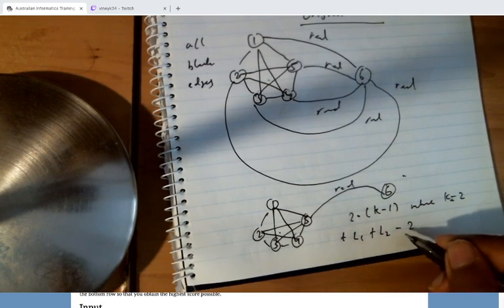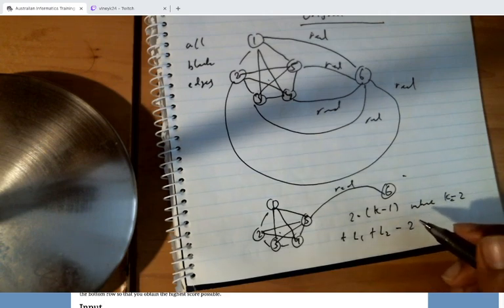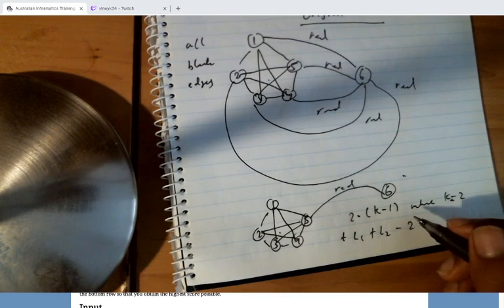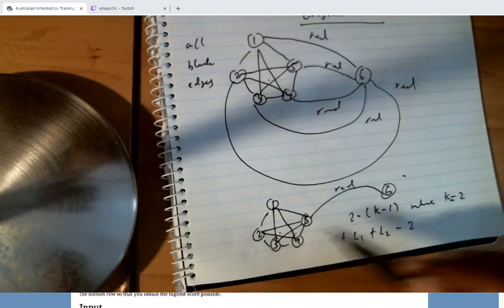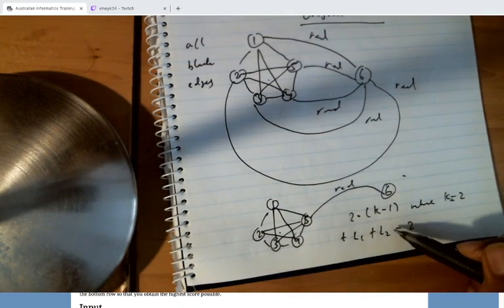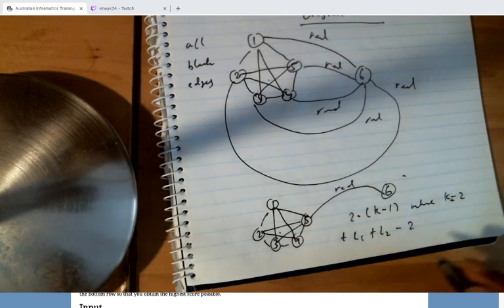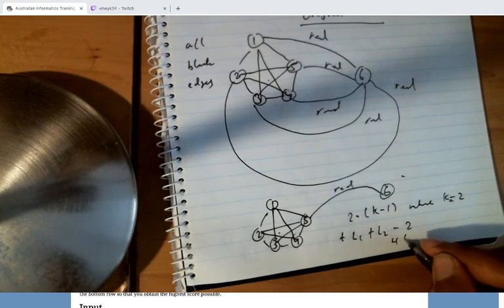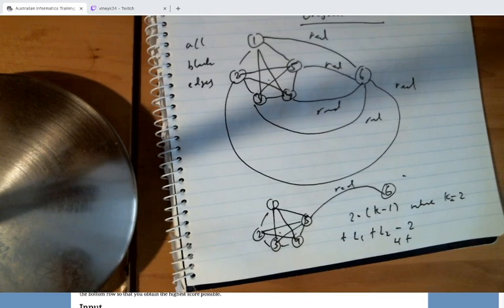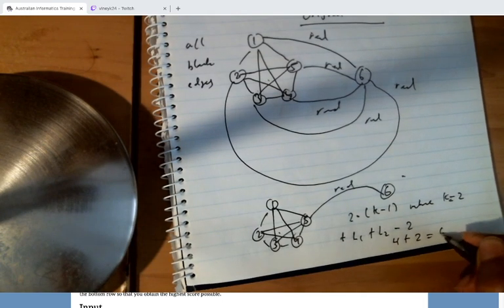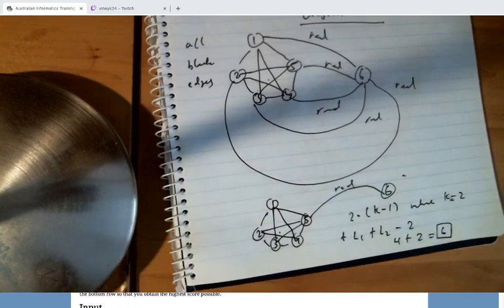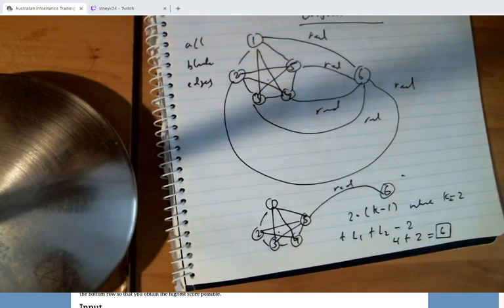L1 minus 1 plus L2 minus 1 is L1 plus L2 minus 2. And L1 and L2 are just the number of vertices in each of the components. So L1 is 5, L2 is 1. 5 plus 1 is 6, minus 2 is 4. So we have 4 plus 2 times 2 minus 1, which is 2. So we get 6.